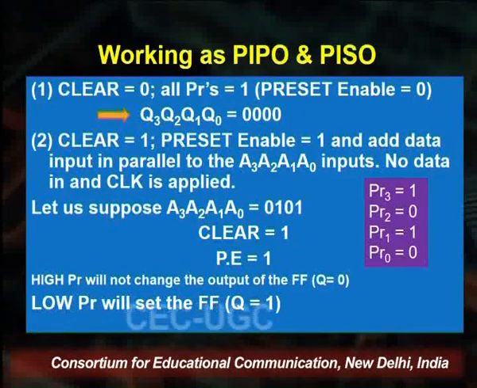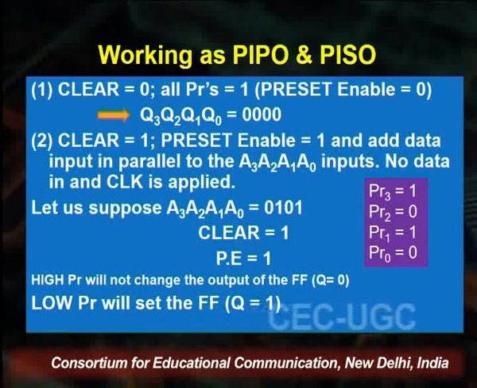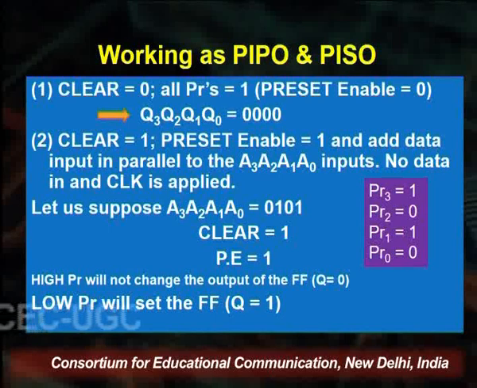Now suppose in this case we consider data again as 0101, then preset 3 because of the bubble would be 1, preset 2 would be 0, preset 1 would be 1, and preset 0 would be 0.